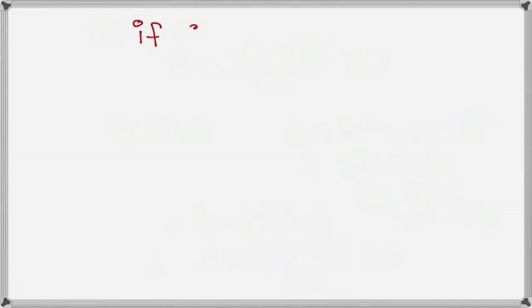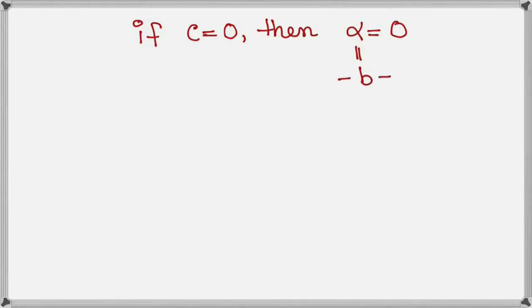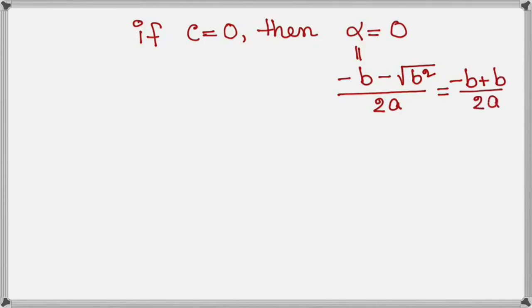If c is equal to 0, then we can see that alpha is equal to 0, because alpha is nothing but minus b minus square root of b square divided by 2a, and as b is strictly less than 0, we get here minus b plus b divided by 2a, which is equal to 0.